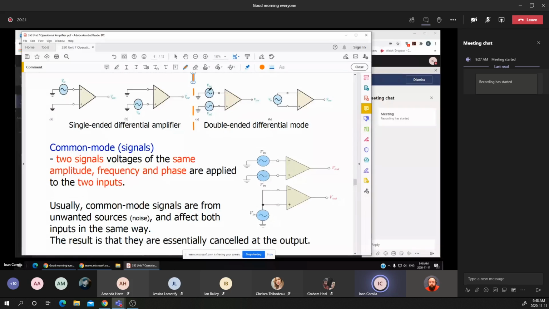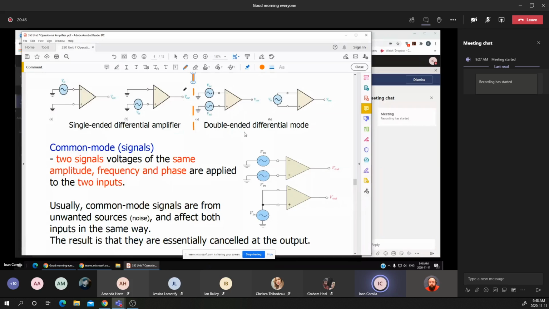Now, you notice that the two input voltages can be in phase or out of phase. We'll discuss a bit later what the problem is with having the two input voltages in phase or out of phase, or 180 degrees out of phase between V in 1 and V in 2.